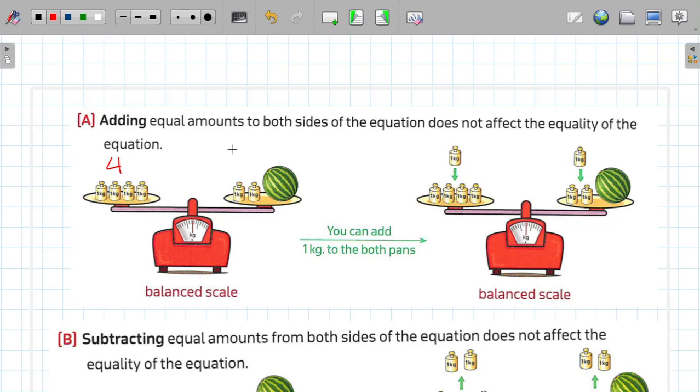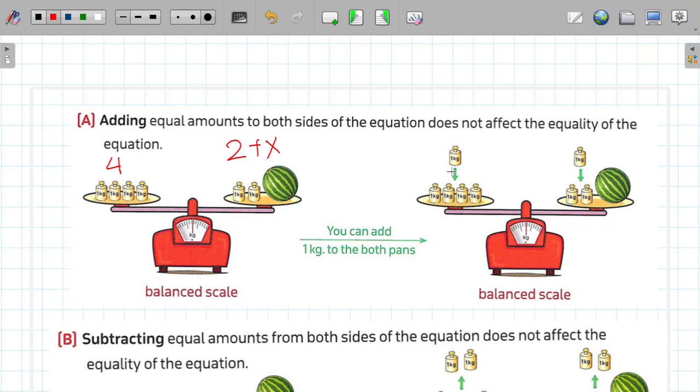So I can say 2 plus x. If I add 1 kilogram to both sides, the scale will be balanced. So adding 1 kilogram here does not affect the equality of the scale.